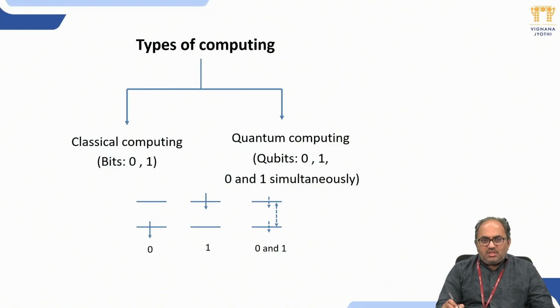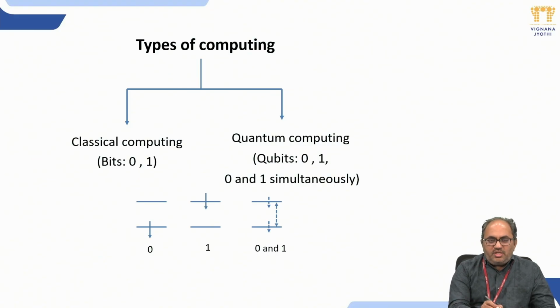For example, you see a picture here. I want to show what is the 0 state and what is the 1 state practically. I have two energy states, let us call them energy states of an electron. This is the lower energy state, and this is the higher energy state. If the electron is in the lower energy state, I use this state to represent bit 0.